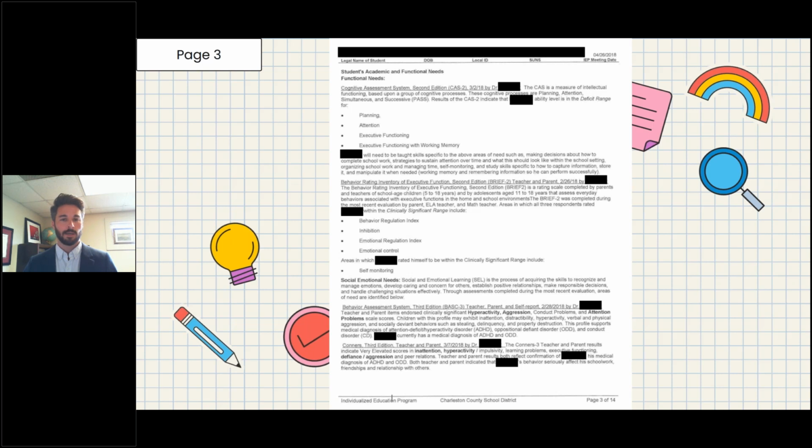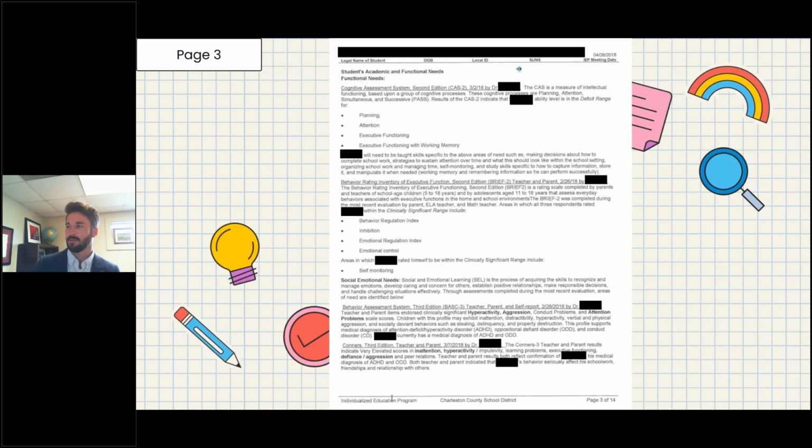Where are we here? The CAS 2, the Cognitive Assessment System 2nd edition, was performed on this date by the doctor, the school psychologist. You see a brief, still kind of complicated explanation of what it is, a measure of intellectual functioning based upon a group of cognitive processes.